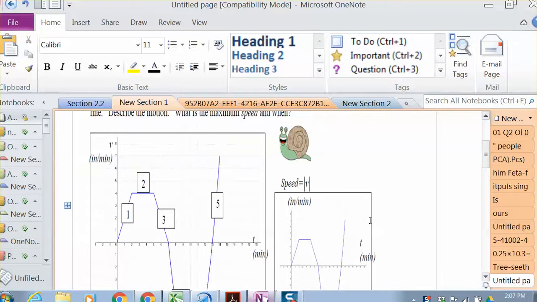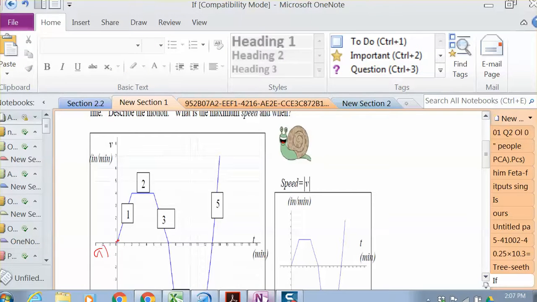So initially, what's going on with the snail? It's going to be speeding up, exactly. It is at rest over here. And it definitely speeds up for that first portion.